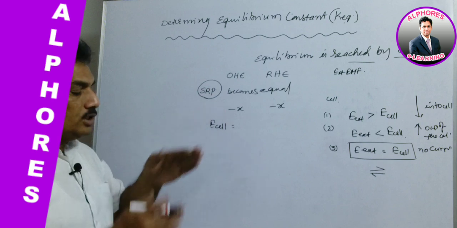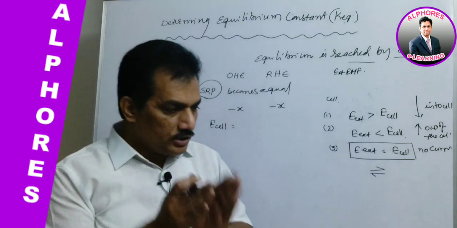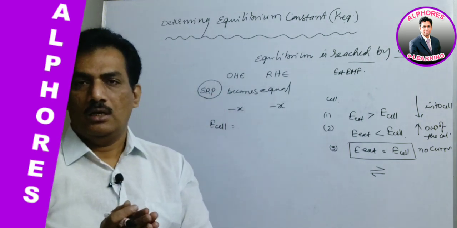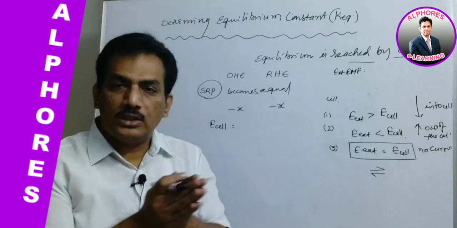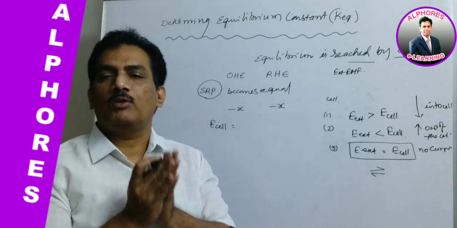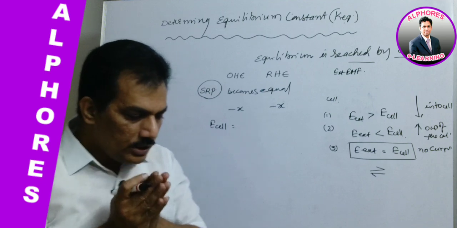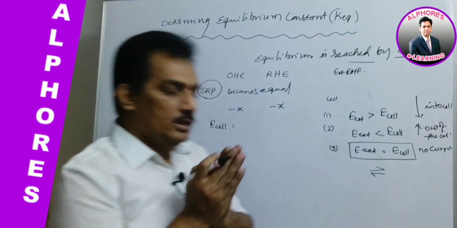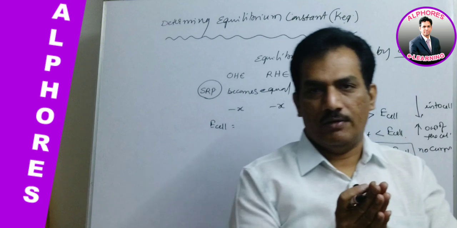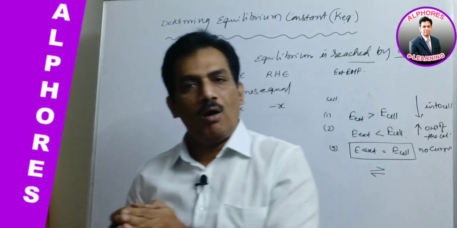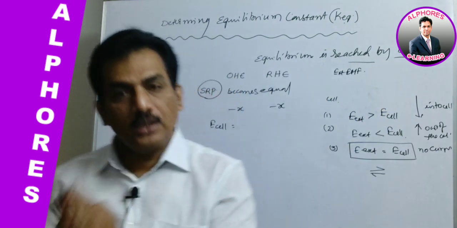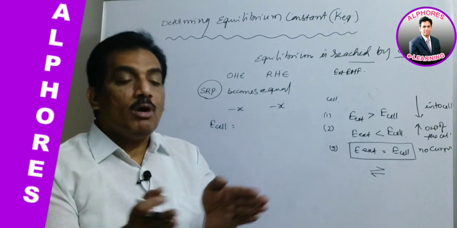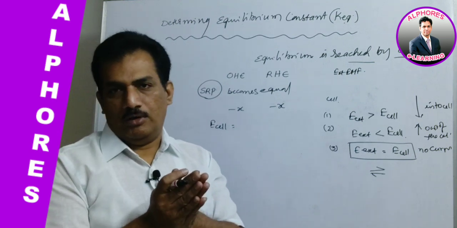And here I am recollecting one more factor. When two electrodes are given for the construction of the electrochemical cell, if the oxidation potential is given for the oxidation half electrode, OHE, and the reduction potential is given for the reduction half electrode, then the sum of these two is the cell EMF.